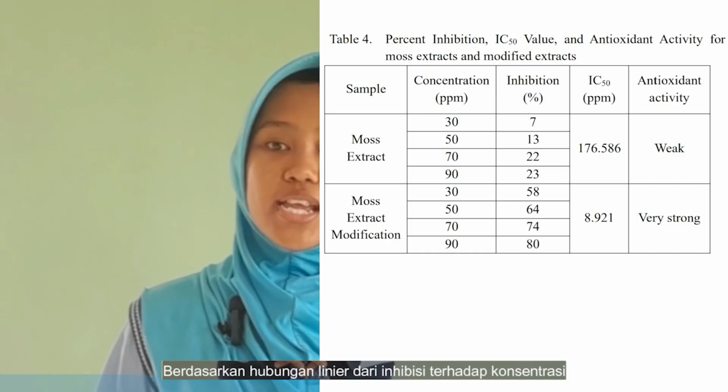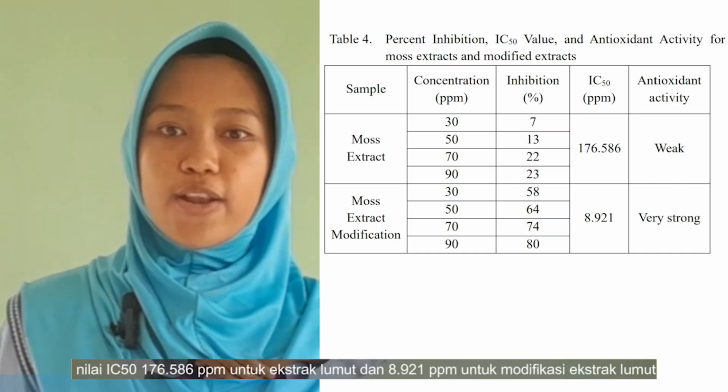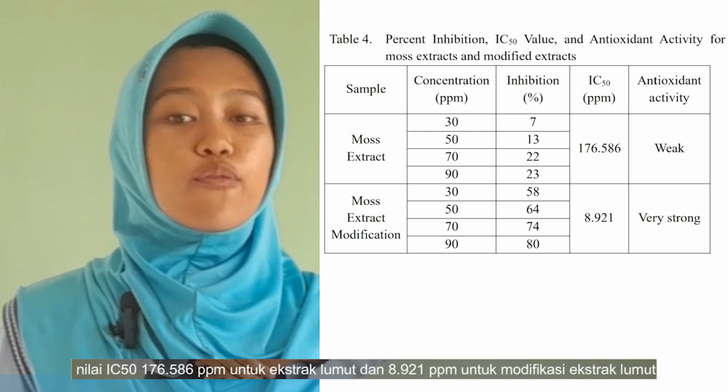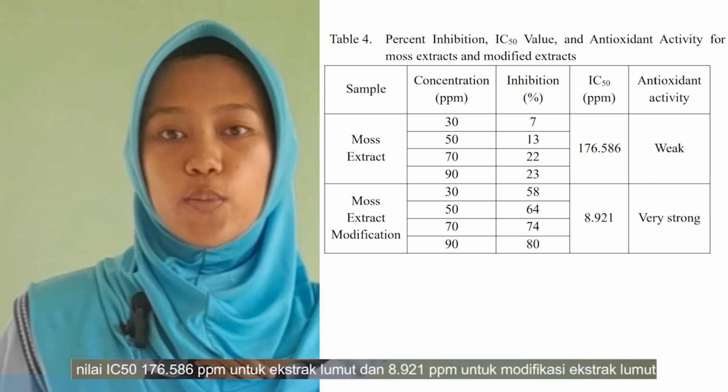The result of the DPPH test shows that the modification was considered to have a significant increase in antioxidant activity. Based on the linear analysis, the IC50 value of the extract was 176.500 ppm, while the modified one was 8.931 ppm.